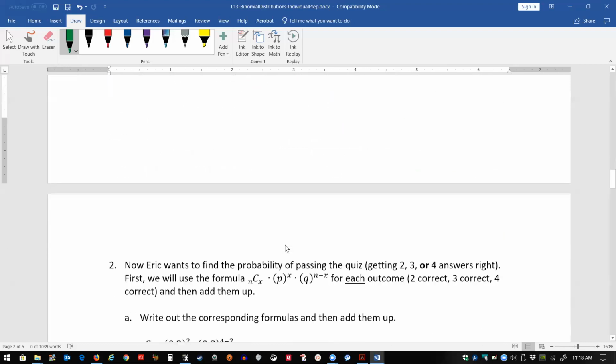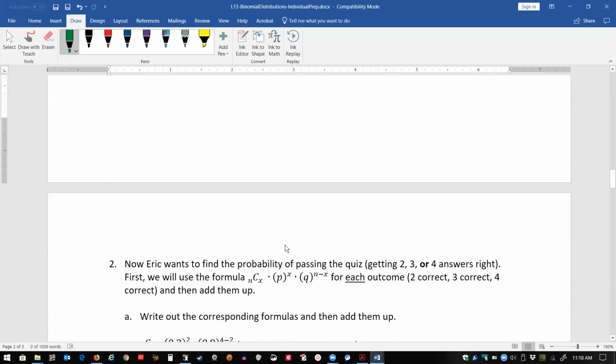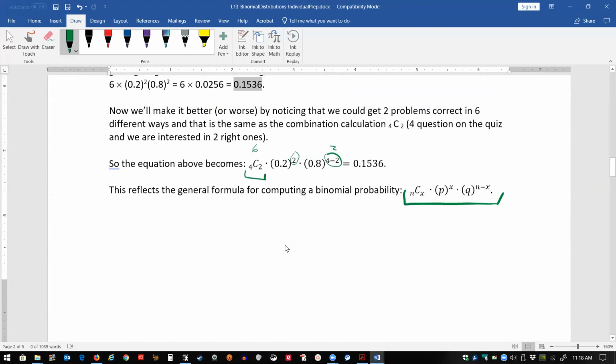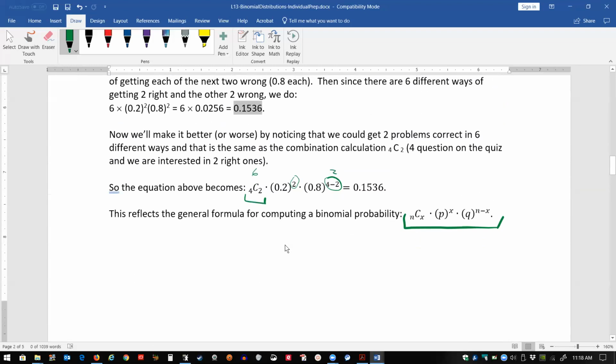Now I'm going to do another scenario just to make sure we have a handle on this. What if we wanted to find the probability of Eric guessing exactly 3 questions right? How would this formula change? Well, we still have 4 trials, but now we want the probability of Eric getting 3 of them right.